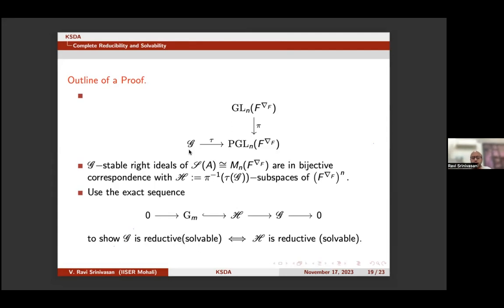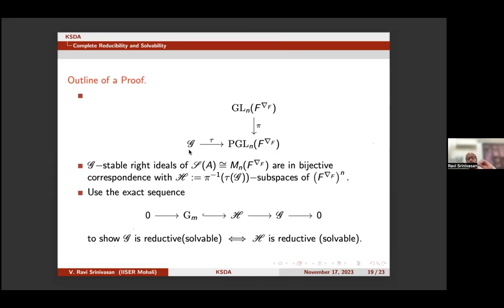Using this and the exact sequence coming from the top diagram, where G_m is embedded into H, and then H to G you have a surjective map, you show that G is reductive if and only if H is reductive. Similarly, you have it for solvability.